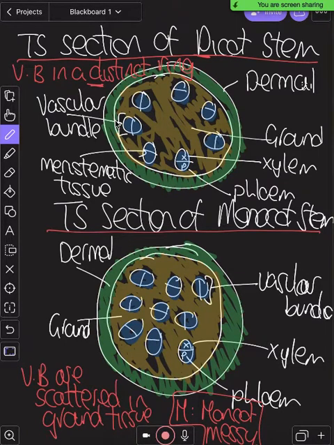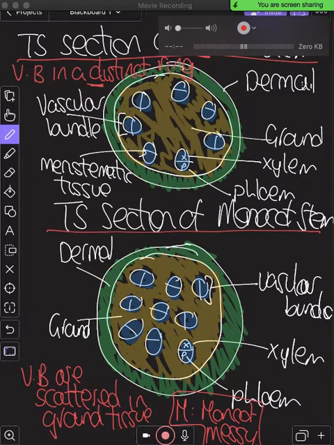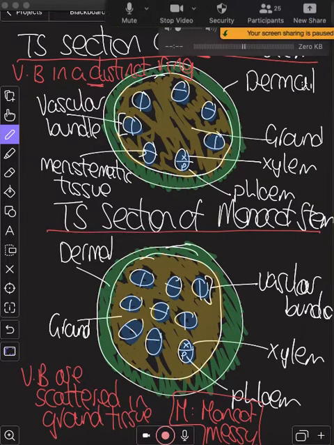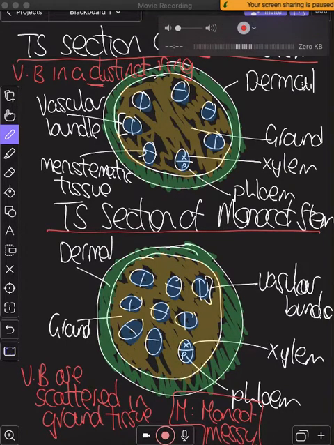Now I'm going to give you an LS section for your dicot stem, and then we just have one other little diagram to do today, so we should get that in plenty of time. So do you have any questions on that? It's the exact same diagram top and bottom, it's just the arrangement of your vascular bundles is different.